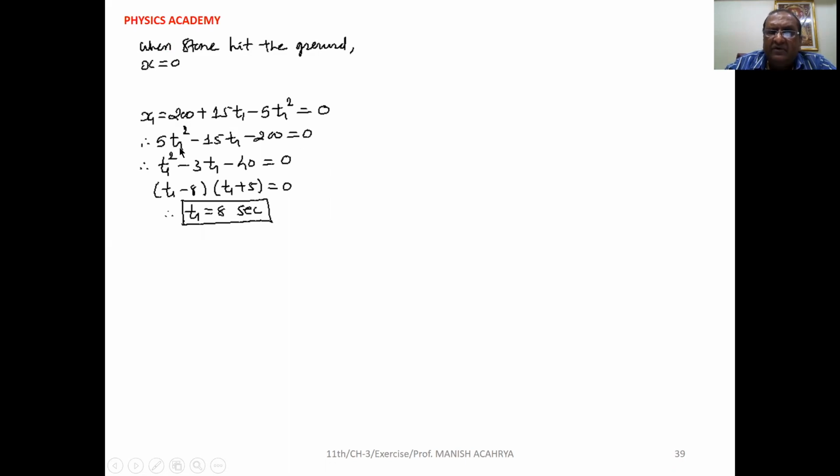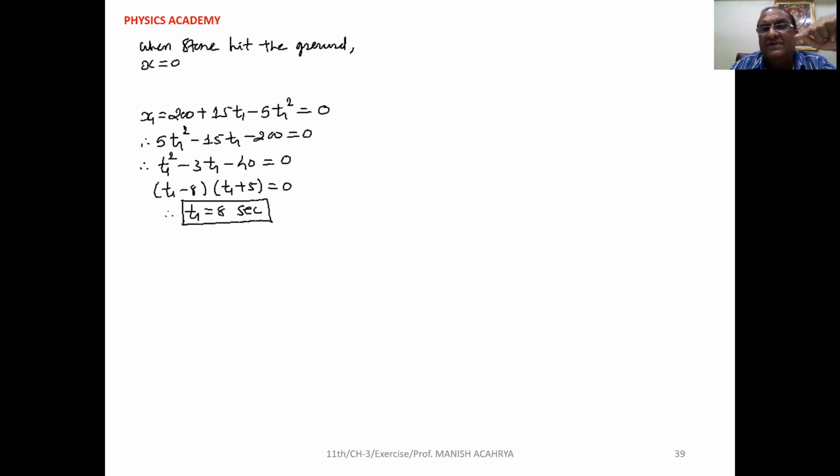Then we get 5t1 square minus 15t1 minus 200 equal to 0. Take 5 common, you get t1 square minus 3t1 minus 40. If you solve this quadratic equation, you will get the time 8 seconds, because negative time is not permissible. So after 8 seconds the first stone will hit the ground.